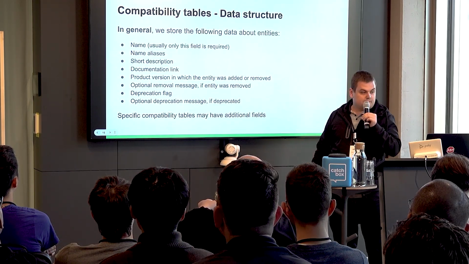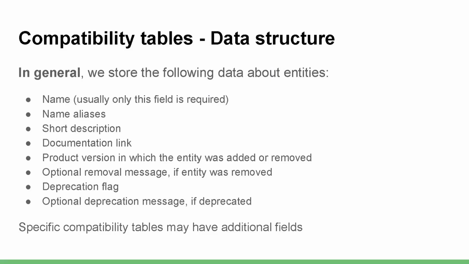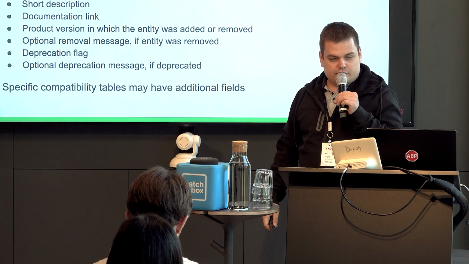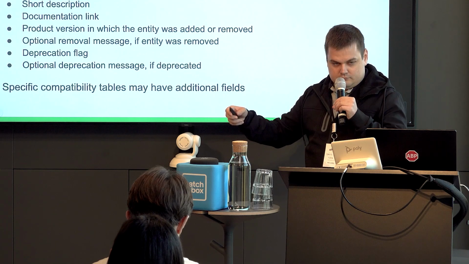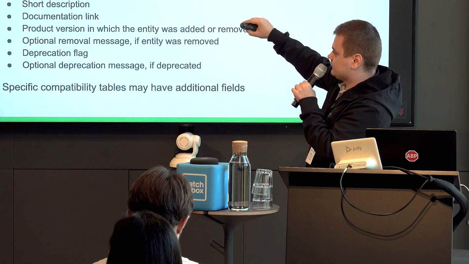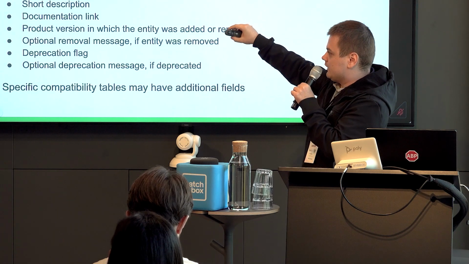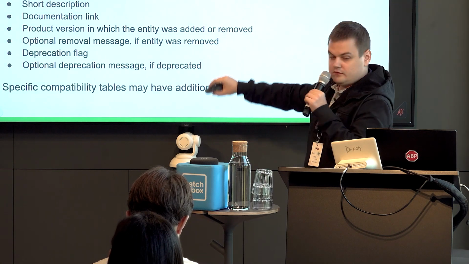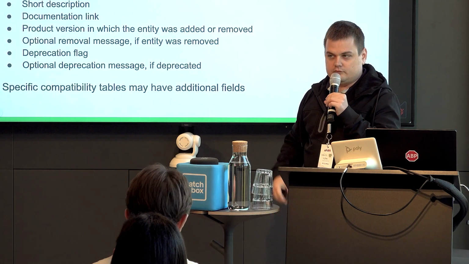And the compatibility table essentially stores data row by row, and columns are represented by special columns, buffers, sorry. And here you can see what type of fields are stored.